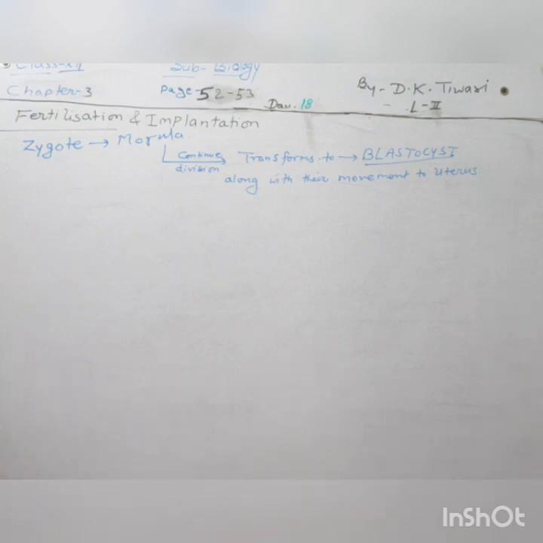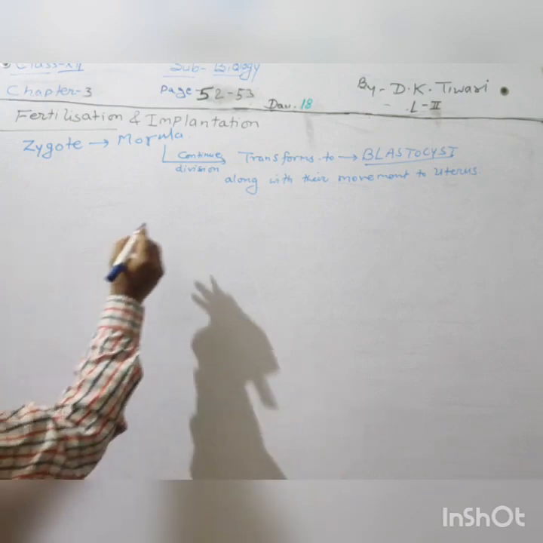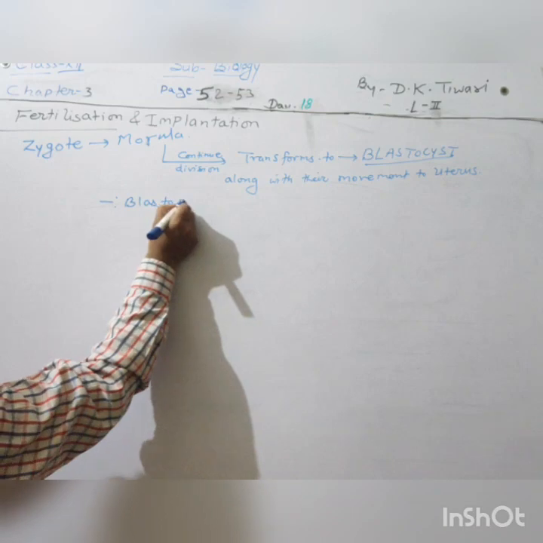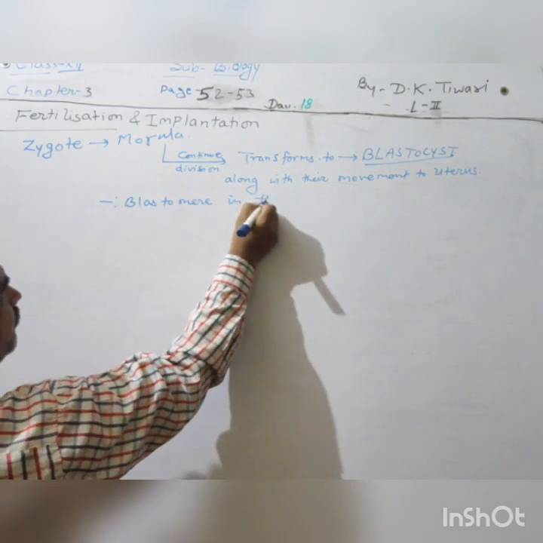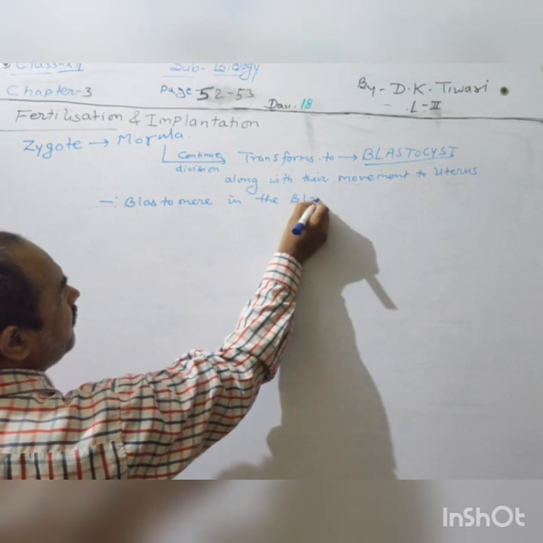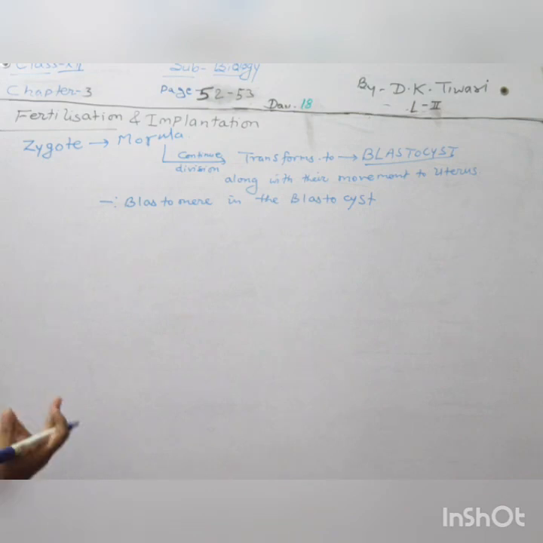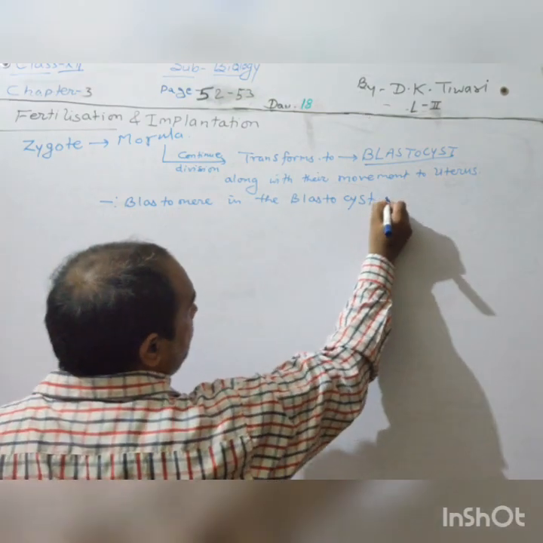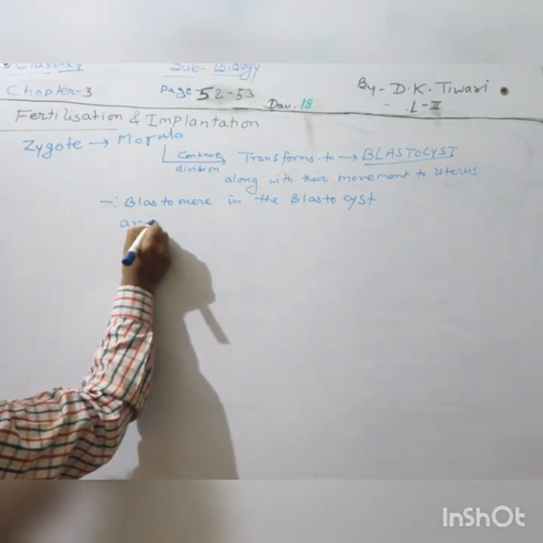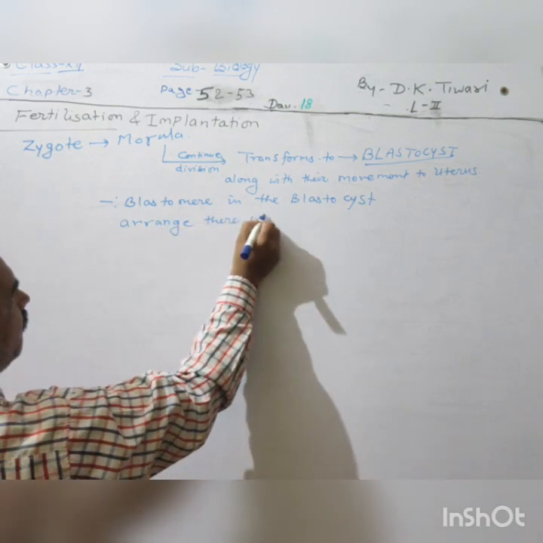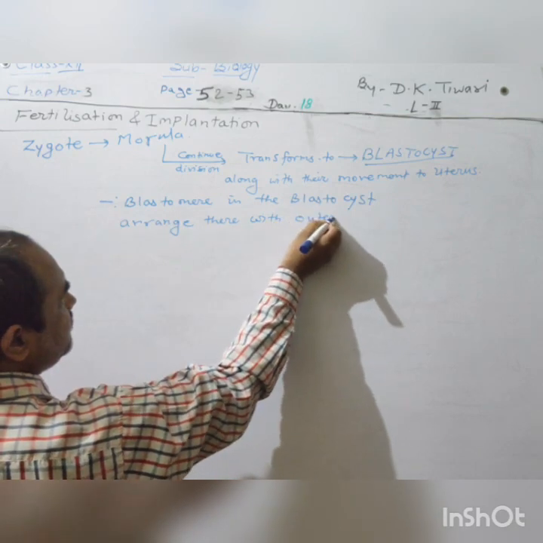And now, what is the blastomere? The structures present in the blastocyst are the blastomere. So the blastomere in the blastocyst will be arranged there into an outer layer.